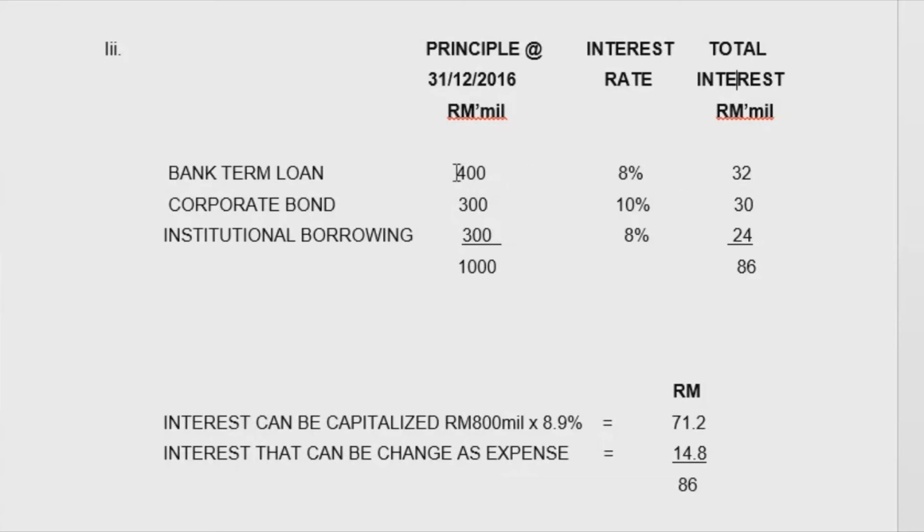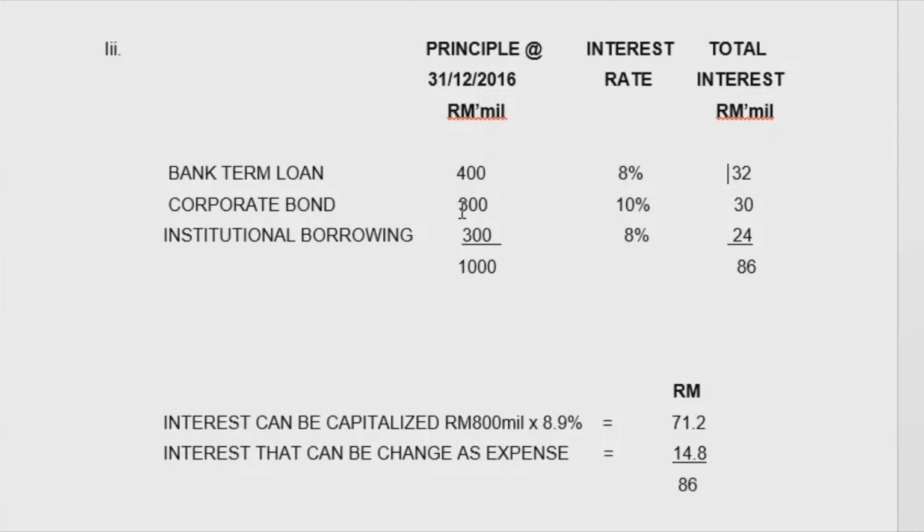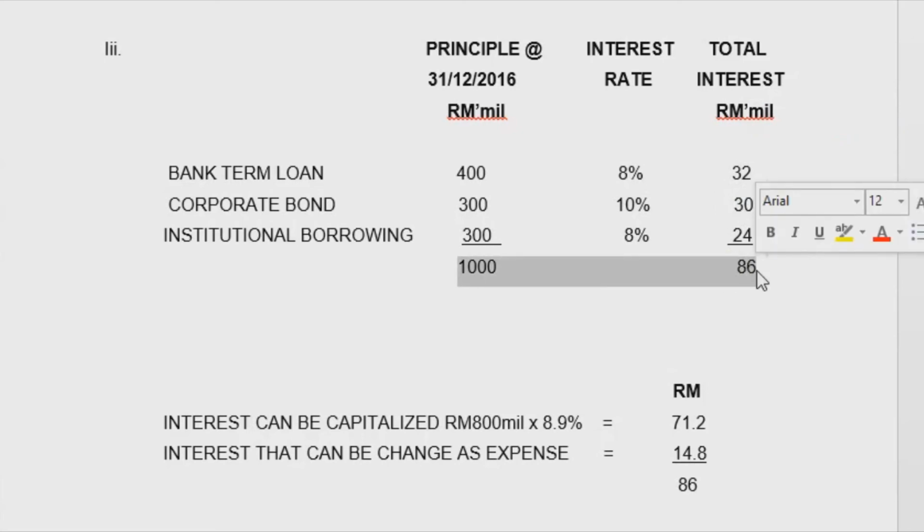For the bank-term loan, the total amount is 400 million times the interest rate of 8%, we get a total interest of 32 million. For corporate bond, 300 million times 10% interest rate, we get 30 million. For institutional borrowing, 300 million times 8% interest, and we get a total of 24 million. Then we total up the interest for each loan, that is 32 plus 30 plus 24 million, and we get 86 million.